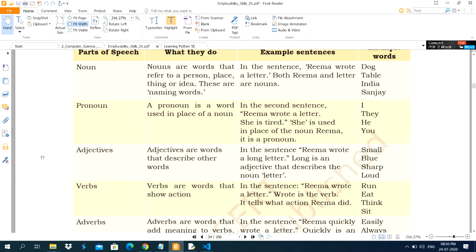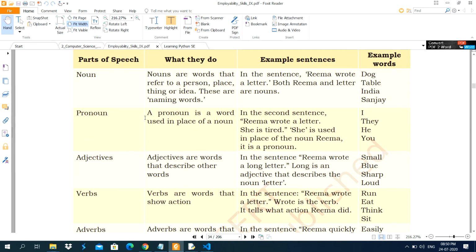Next, pronoun. What does a pronoun do? A pronoun is a word used in place of a noun. For example, in the second sentence: Rima wrote a letter. She is tired. Here, she refers to Rima, and she is a pronoun.